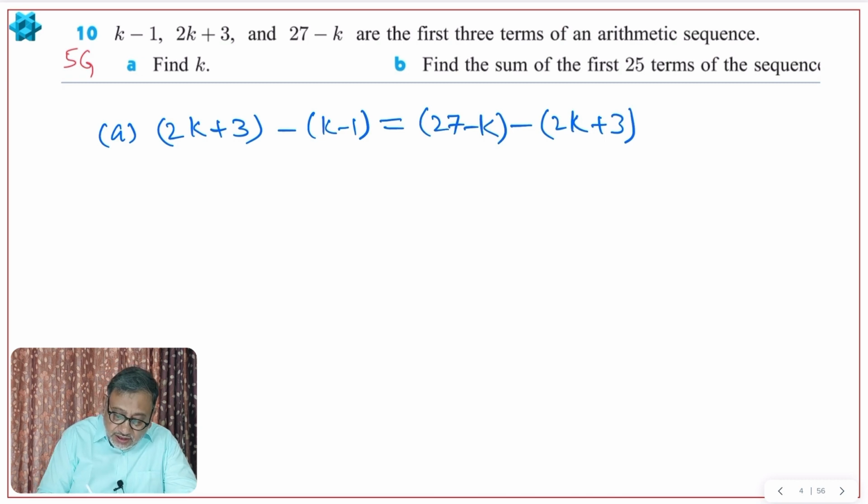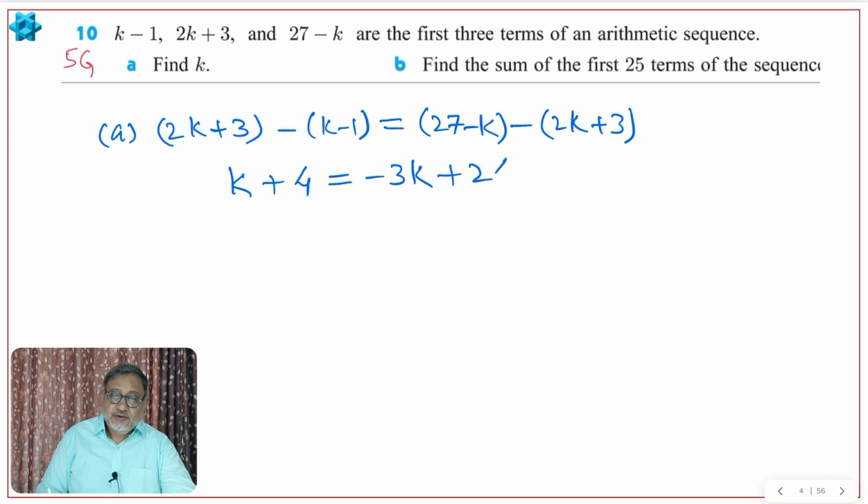So I will simplify the left hand side and right hand side separately. 2k minus k will be k, and 3 plus 1, which is 4, is equal to, on the right hand side, minus k and minus 2k make minus 3k, and then 27 minus 3 will be 24, positive, right? Is that clear to you?